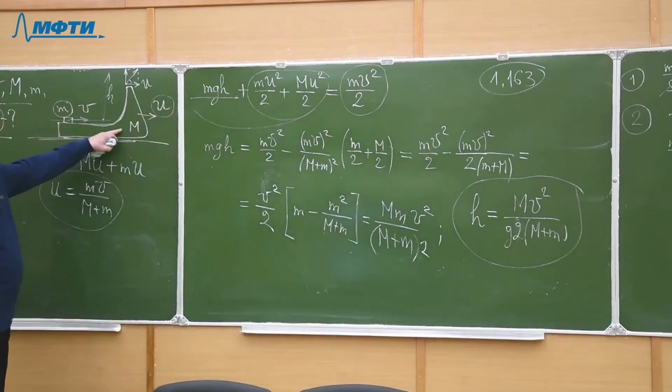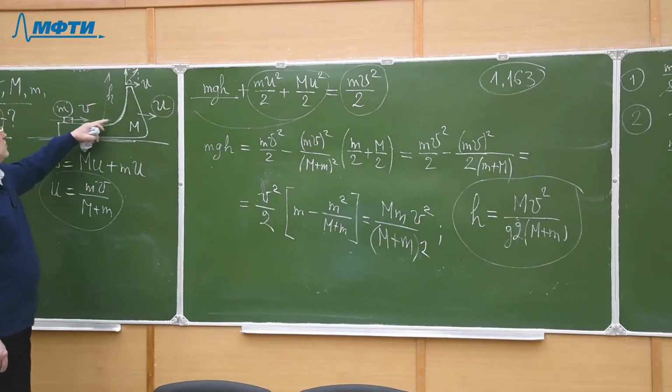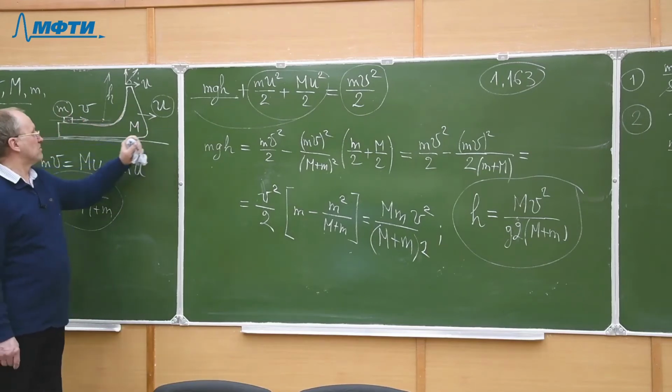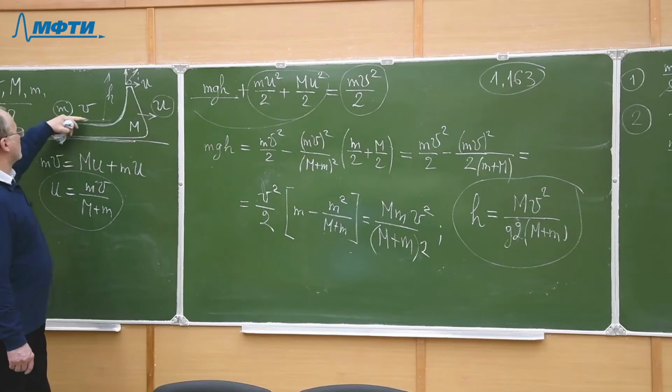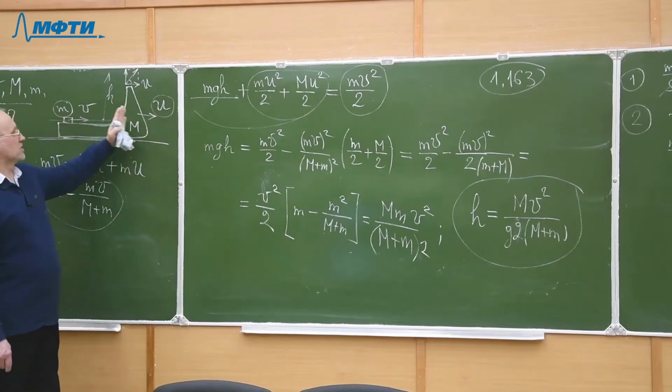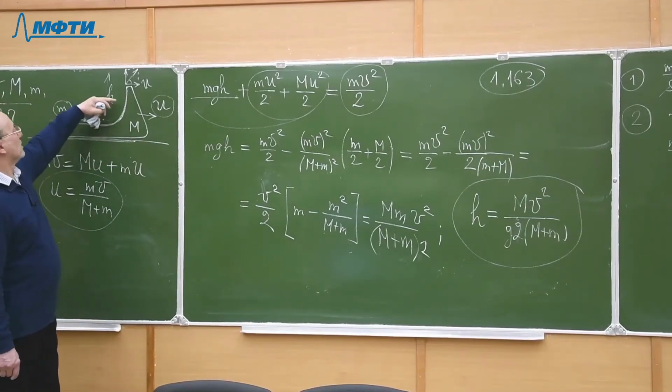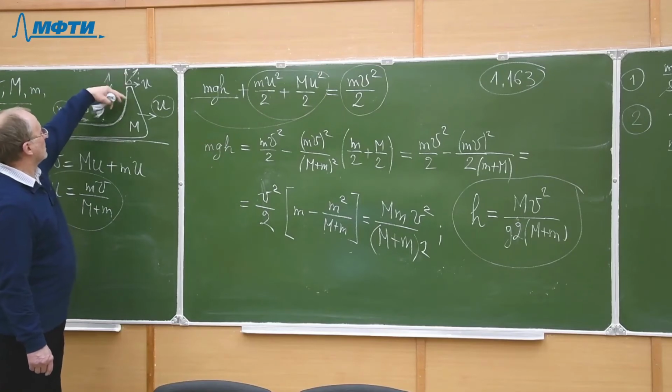And that's quite natural, that's understandable. If this mass is very small, then this body will not go far into the sky, because all its momentum will remain, and it will just go with the initial velocity v, and the height will be very small. It will not even break off this surface.